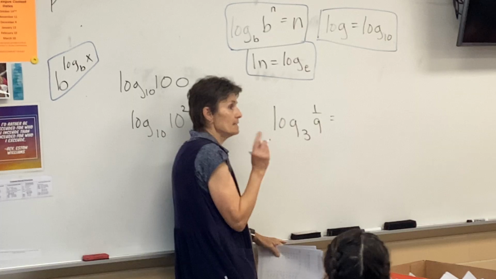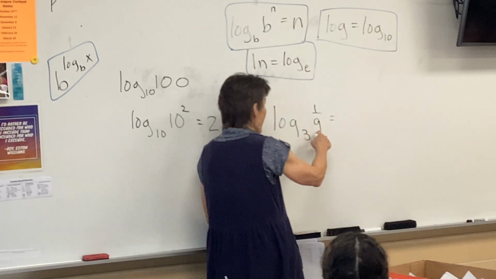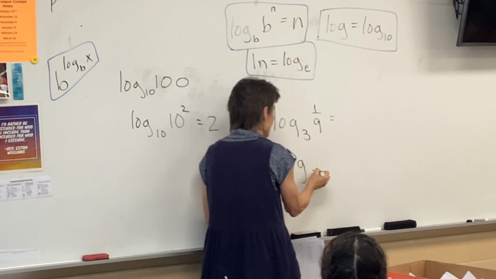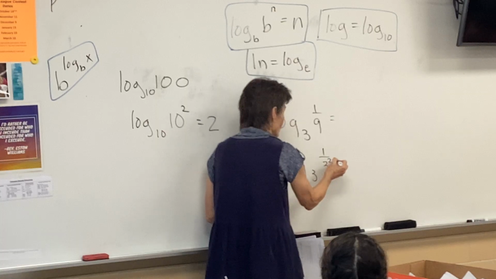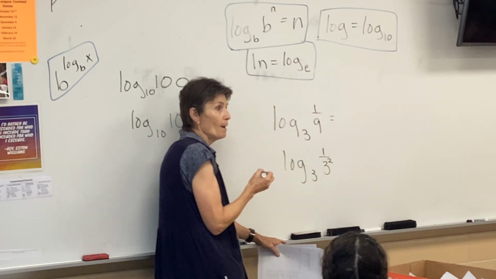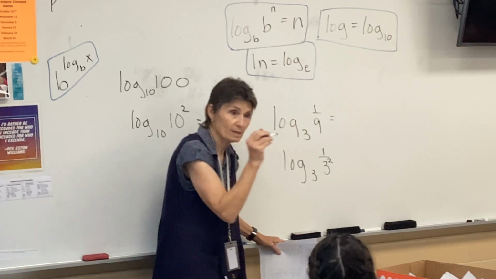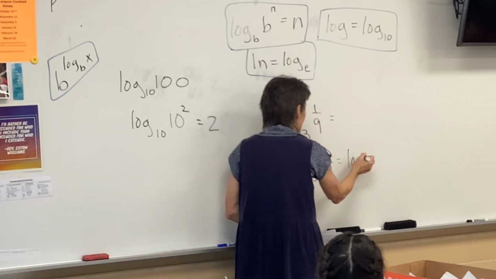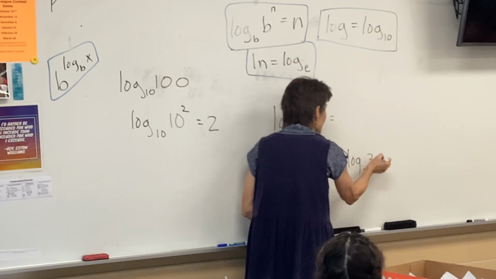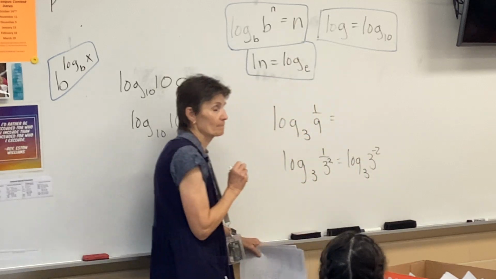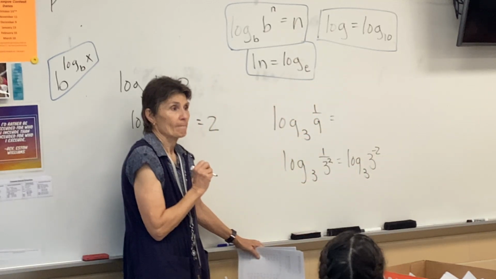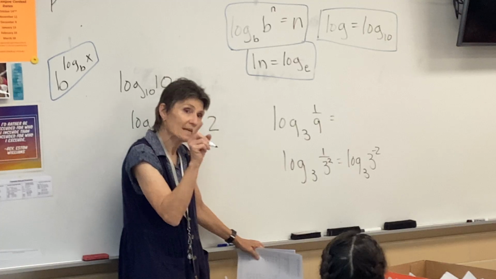Okay, now, 9 is indeed 3 squared. Would you agree with that? Yes. But since it's 1/3 squared, isn't that the same as 3 to the negative second? So you have the negative part right.